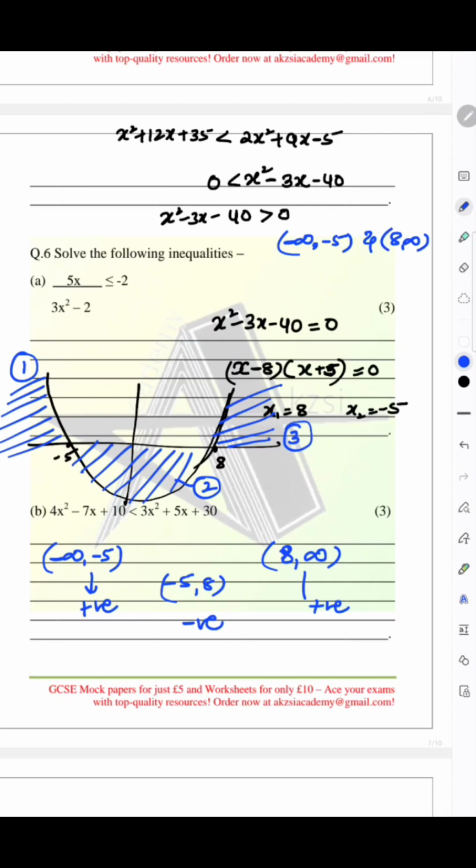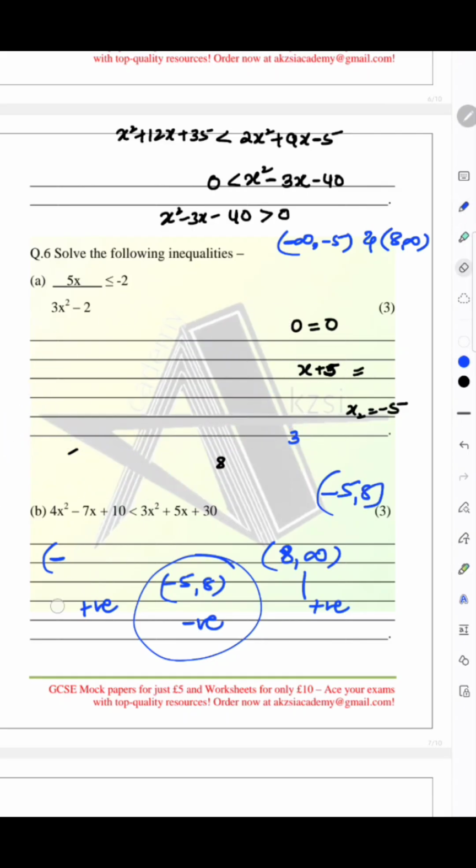And that will give you the solution for this inequality. Say for example it was x squared minus 3x minus 40 less than 0. Less than 0 means we have to see the negative region, which is between negative 5 and 8. So that will be your answer in that case.